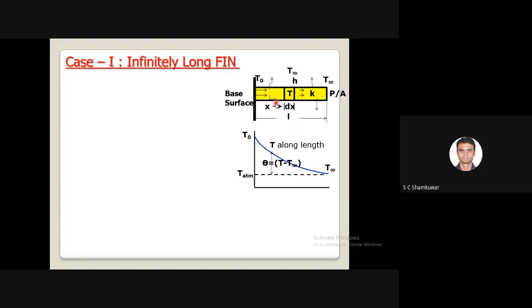T is the temperature of an element anywhere at a distance of x. So that is replaced by theta is equal to T minus T infinity, the excess temperature above atmosphere. So we are considering an infinitely long fin, therefore the tip temperature will also be atmospheric, T infinity. Understood?